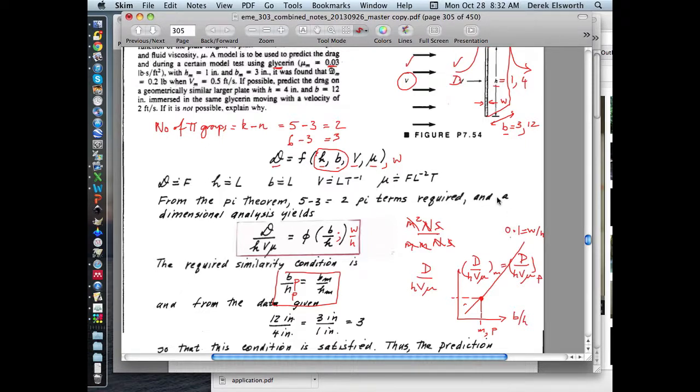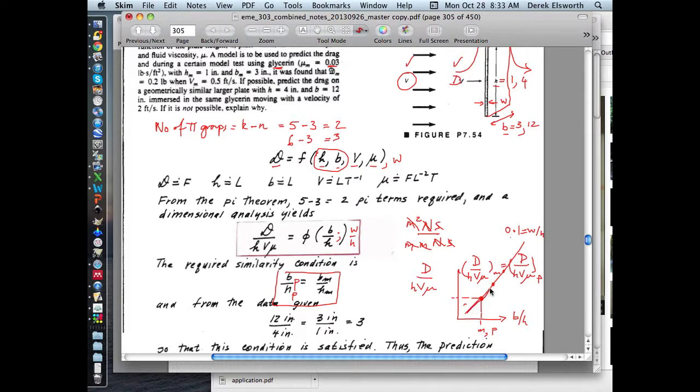So we have a very thin plate and a tall plate, and we could do some experiments for the plates at different width to height ratios, and we'd get this graph. But now we have 3 properties. We have this dimensionless group represented, this dimensionless group represented, and this group represented. If the width to height ratio was only ever one value, then we'd only ever have this one line.